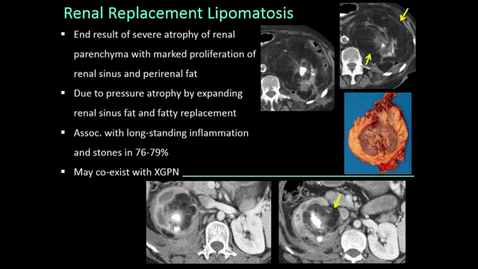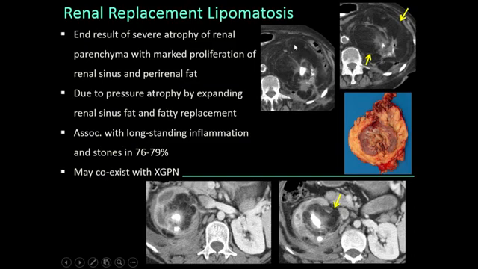So renal replacement lipomatosis is the end result of these infected stones. Many of us don't think about this when we see these patients. It is the end result, and so this is one of the things that we need to report on when we see these chronic changes. So what happens? You have these large stones, infected stones. It causes parenchymal atrophy or blown out calyces.